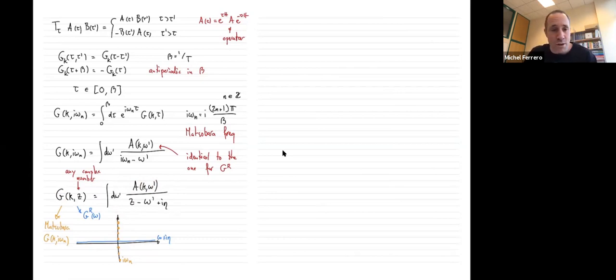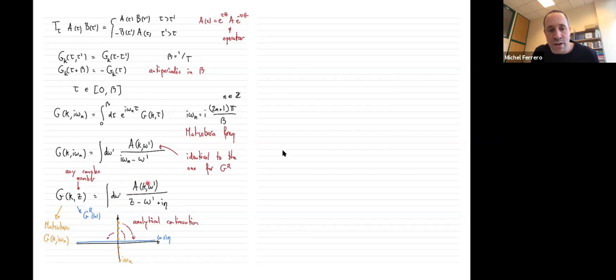In principle, if you know the Matsubara or the retarded, you can get the other one. This procedure, going from here back to the real axis, is called analytical continuation. It's mathematically in principle possible, but in some cases really very difficult. It's quite easy to start from the retarded, because when you know the retarded, you know the spectral function, since it's just its imaginary part.